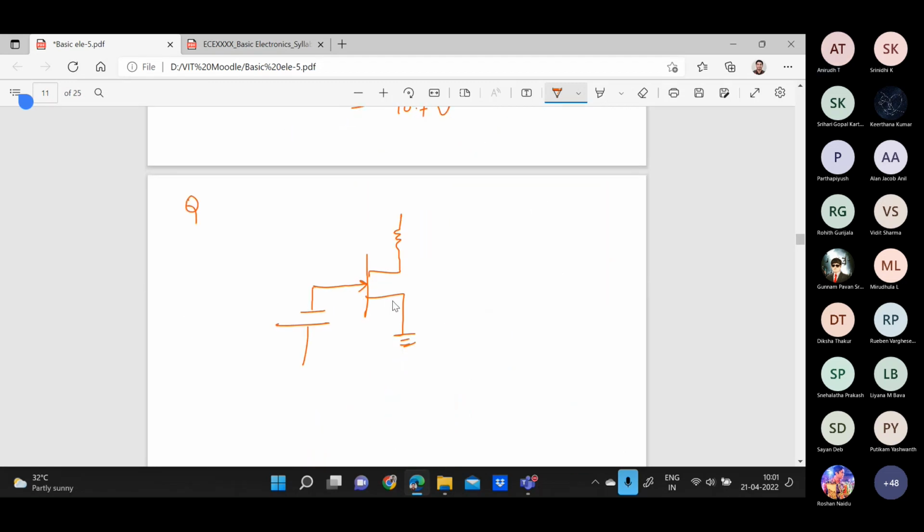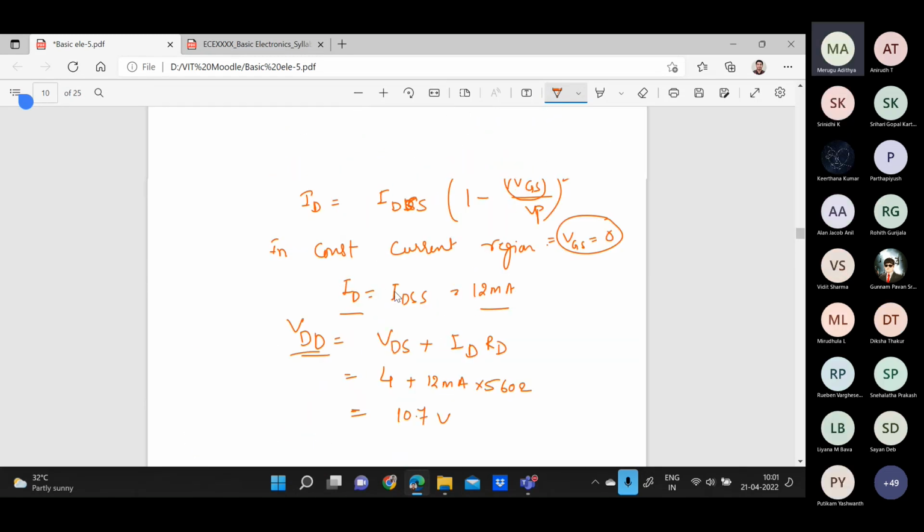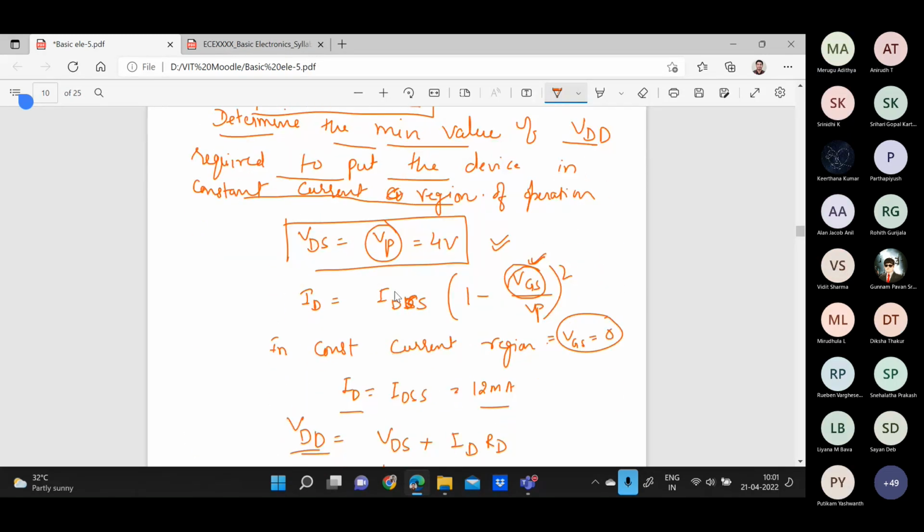Sir, also in the same question, it was given as -4, right? Why did we take it as 4? See, VDS is always positive, and VGS is negative, that we are assuming, right? If you remember, the pinch off voltage is the same for both, but when you are considering VGS, it should be negative.